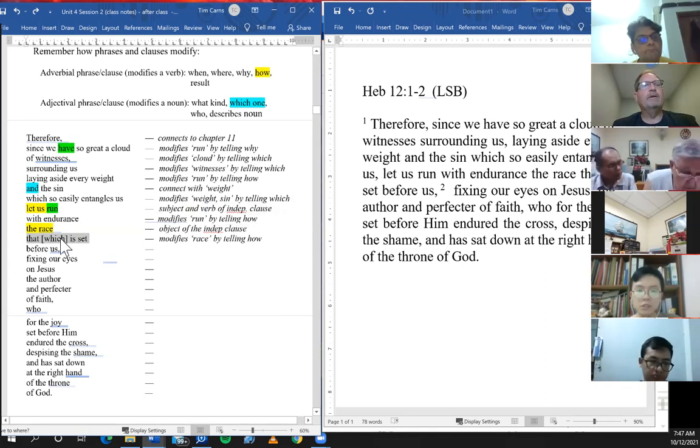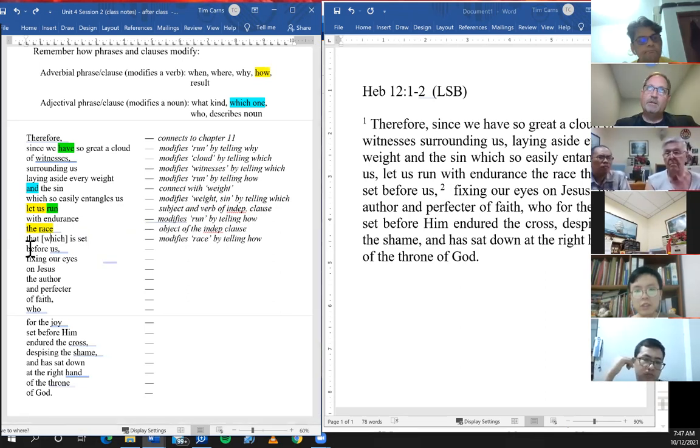Well, let me think about it. Yeah, it's a relative pronoun here, that or which, the race which is set. Yeah, which race, which one? So that does make sense. Now, that's not always the case again, but usually you can start there if you're not sure. And ask yourself, does it make sense that this phrase or clause could modify the word before it? All right, so maybe try that approach.